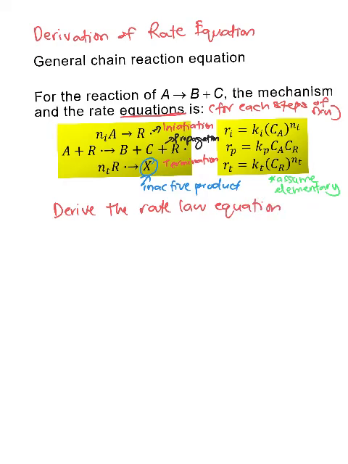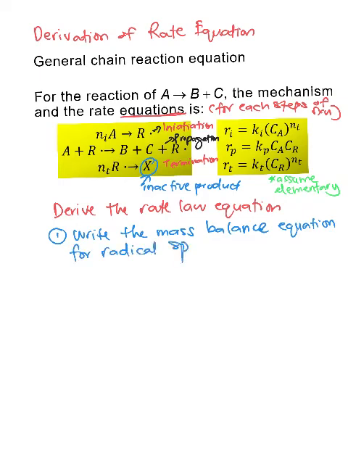First, you need to write the mass balance equation for the radical species. Only for the radical species, to derive the rate law equation.